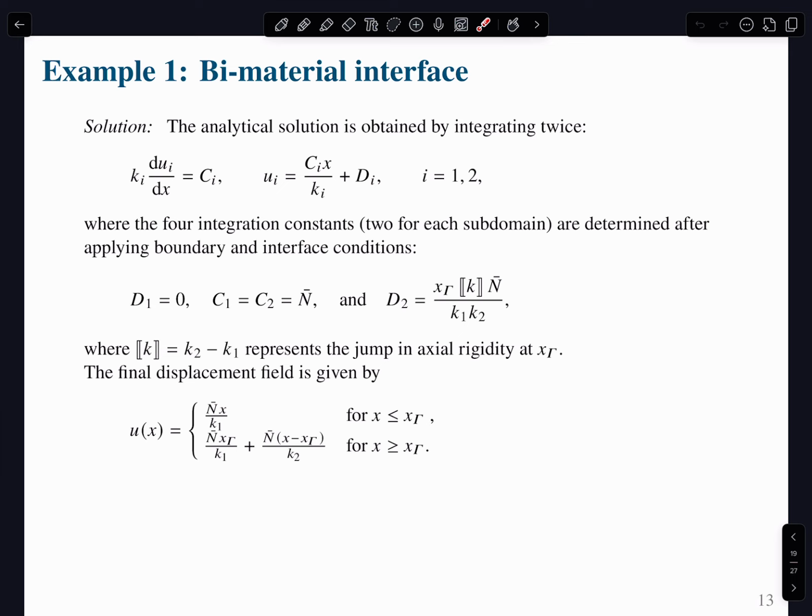So at 0, this is going to be 0. And as I move inside the bar, by equilibrium, my n bar at every point along the bar has to be the same. So if I isolate a portion of the bar at any point along the bar, I'm going to have n bar and n bar, so that every point is in equilibrium. Otherwise, we don't have equilibrium, right?